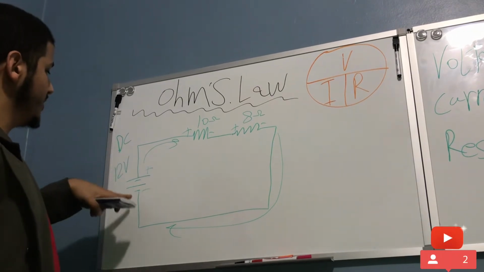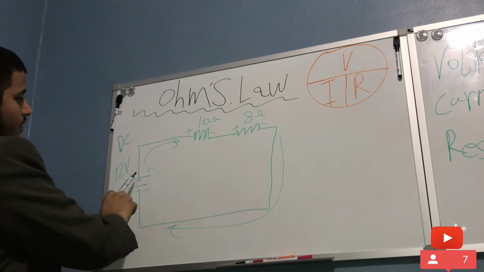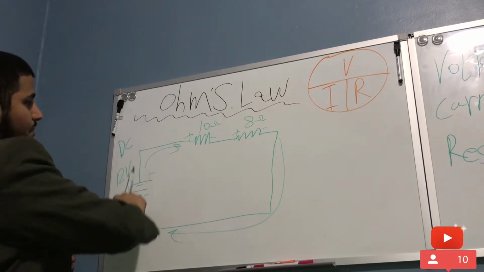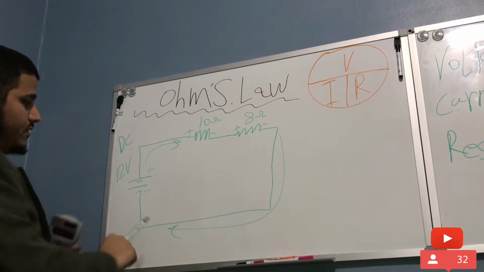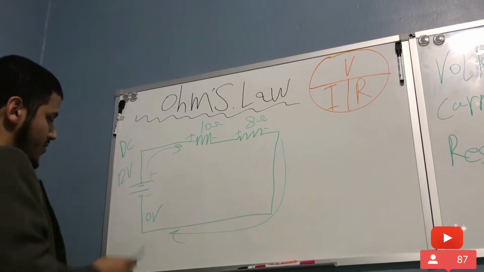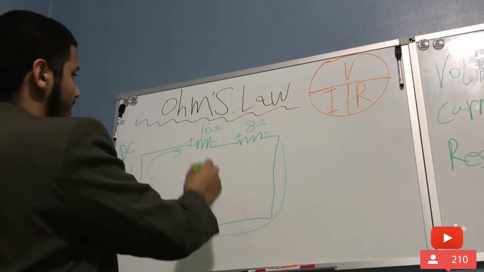Here's the positive terminal, and here's the negative terminal. So the current passes from the positive all the way to the negative, to the ground. This ground is 0 volts. Remember, the ground is 0 volts.